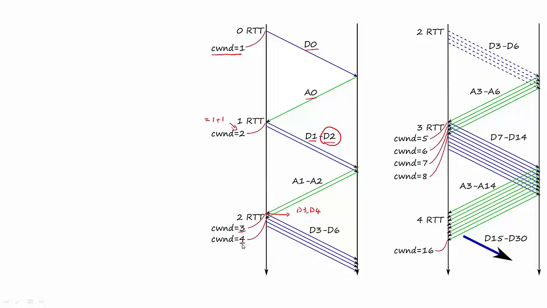But currently, as far as you know, D3 and D4 are still there in the network. You don't know their status. You already know D2 was received because you received an acknowledgement for that. Since D3 and D4 are already in the network and you can send 2 more, you send D5 and D6. These D5 and D6 are sent as a response to this other acknowledgement. So overall, if you see, you send 4 packets here.